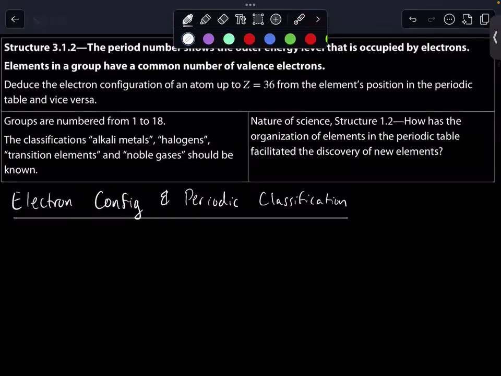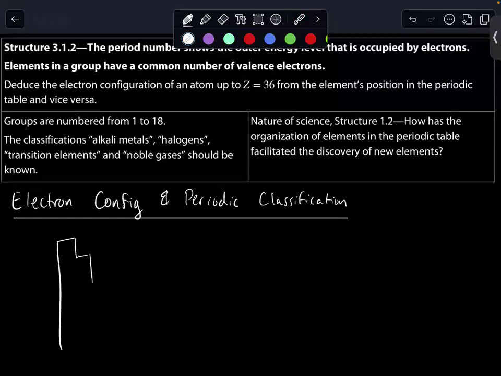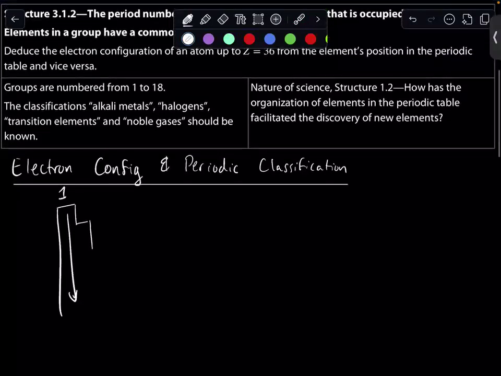But when we look at our periodic table, especially with our previous lesson the other day, we could look at maybe group 1 elements down here, and we notice that hydrogen, lithium, sodium, potassium all ended with some stuff and then S1 for their electron configs.